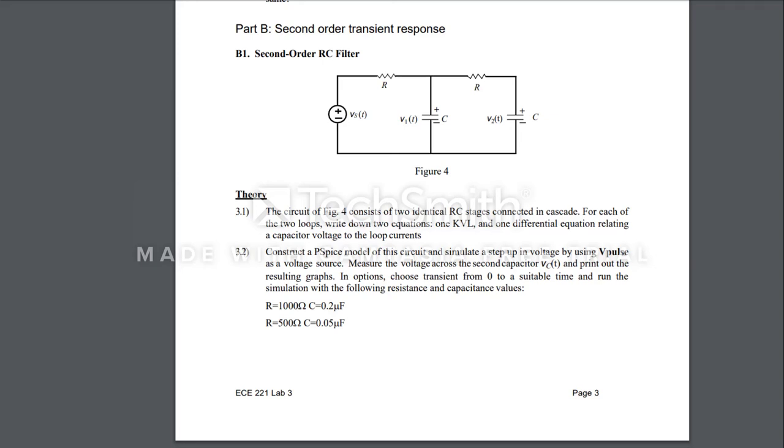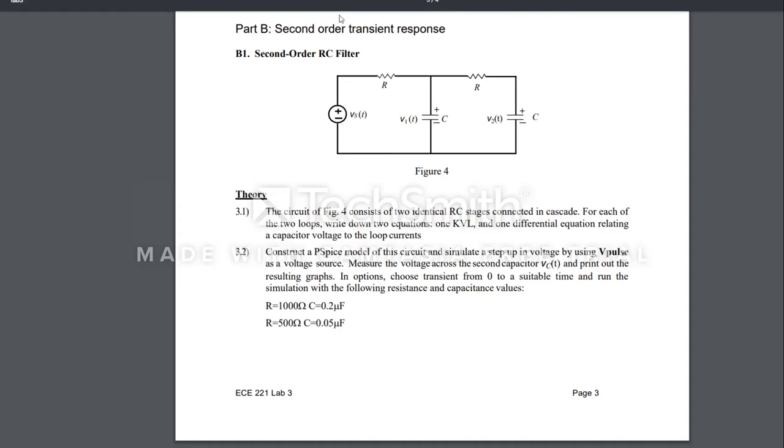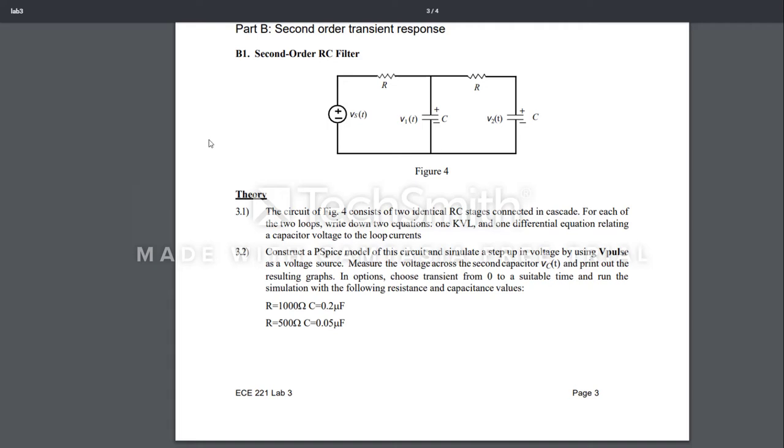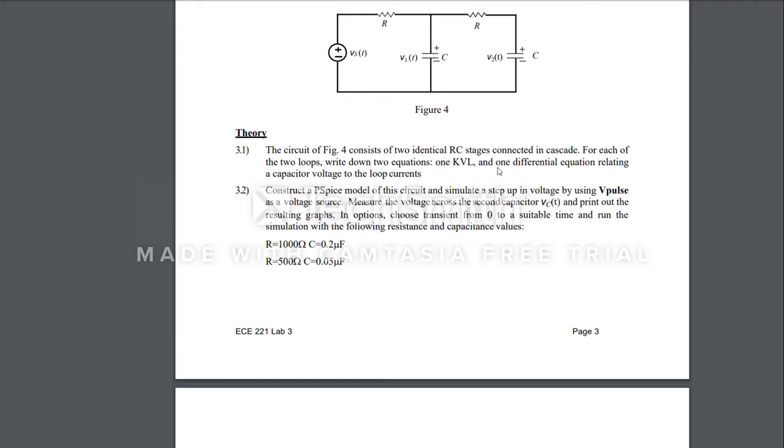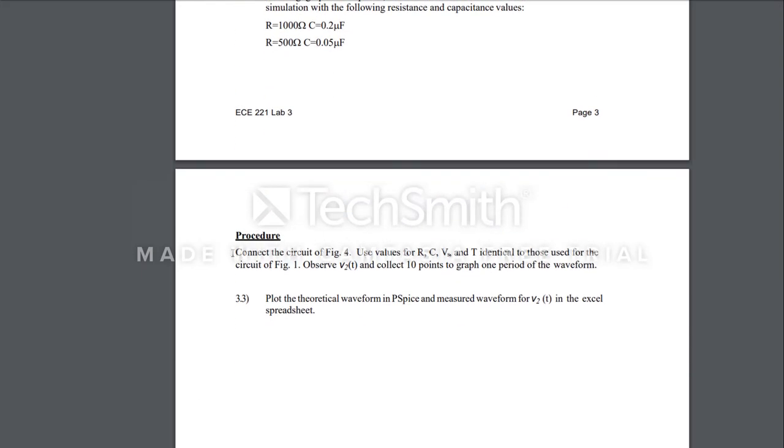Okay, in the third and last part of this lab, we will construct the circuits in figure 4. It's a second order RC filter. We are going one step forward and we're going to use two identical RC stages that are connected in cascade. Now after you are doing your calculations, we are going to connect the circuit.